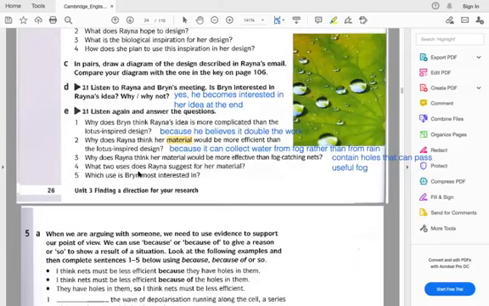What two uses does Raina suggest for her material? The camps of the refugees and recycling water.